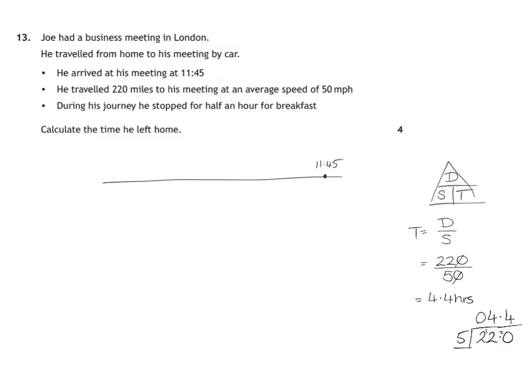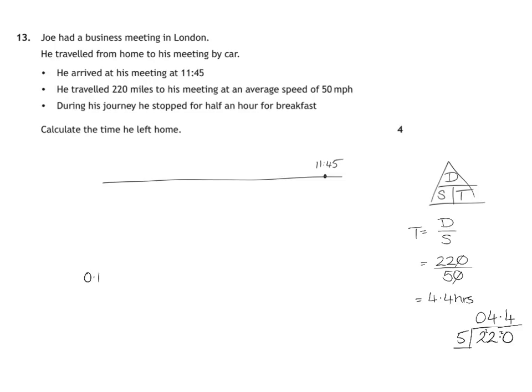But 4.4 hours didn't really help us enough because 0.4 of an hour is not 40 minutes. That doesn't make any sense. If we think about 0.5, which is half an hour, is 30 minutes. 0.4 can't be 40 minutes. But we need to work out what 0.1 of an hour is. So 0.1 is 1/10.